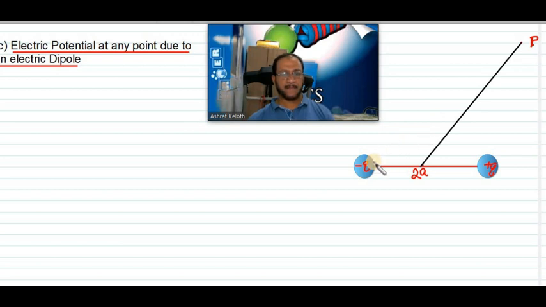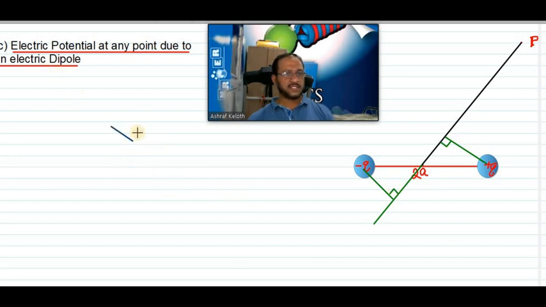Now you have to complete the diagram. Again, complete the diagram. What I am doing here is extending this line straight, and from the charge minus q, I am dropping a normal towards this line at 90 degrees, and from plus q also I am dropping a line towards this at 90 degrees. This also is 90 degrees.